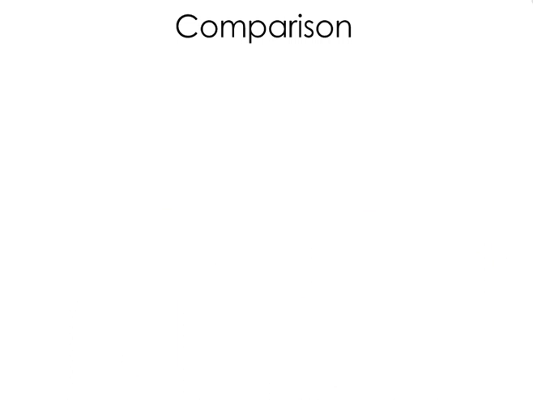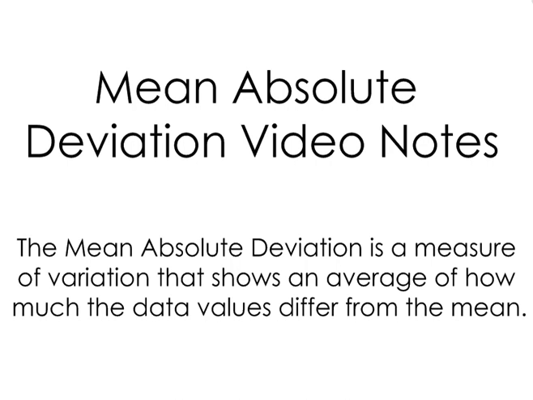Okay, now we're going to write a comparison about which one has more variation. Just remember that mean absolute deviation shows you how much the numbers vary from each other. A higher mean absolute deviation means that there's more variance. A lower mean absolute deviation means there's less variance, so the numbers are grouped a little bit more closely.